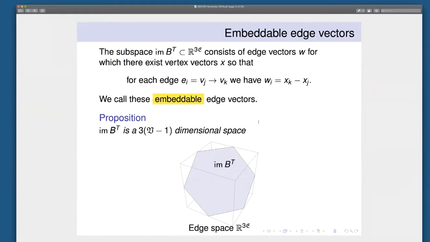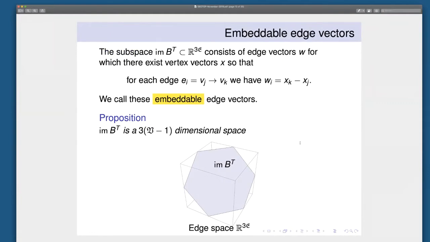B transpose takes vertex positions to edge vectors. So if we want to think about the space of possible edges, we're really thinking of the edges that can come from a set of vertex positions.